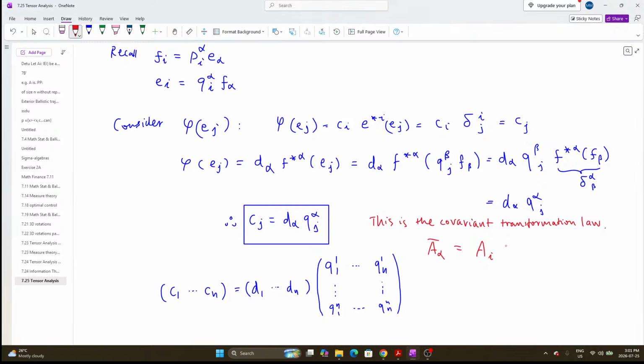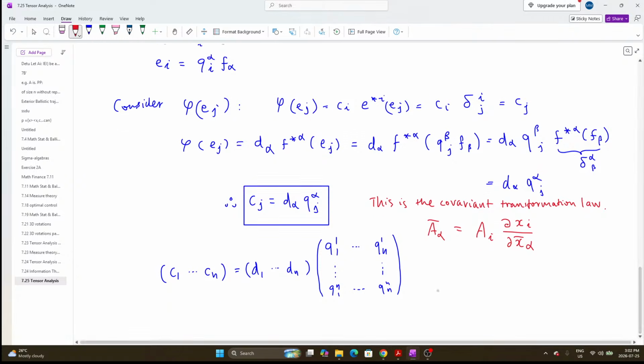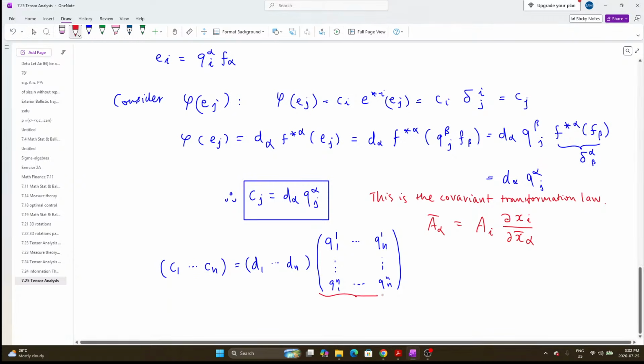Okay, and now this is dx over dx bar, old over new, i upstairs, alpha downstairs. The point is, you're using the inverse of P.